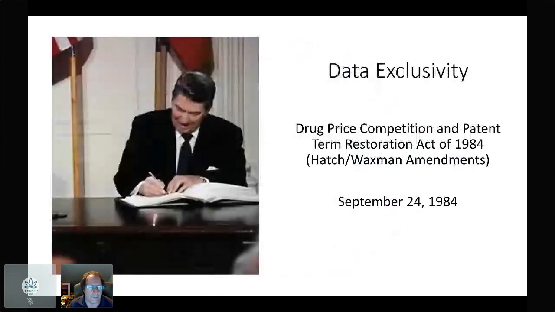So MDMA was invented in 1912, so it's off patent. And in 1984, Ronald Reagan signed a bill into law that provided incentives for developing drugs that are off patent. And these incentives are called data exclusivity. What that means is that if you are the first sponsor to make a drug into a medicine that's approved for prescription use, nobody can use your data for a period of 5 years to market a generic.